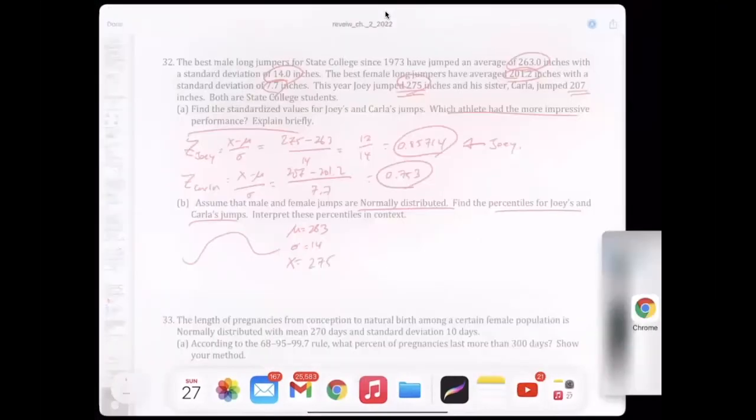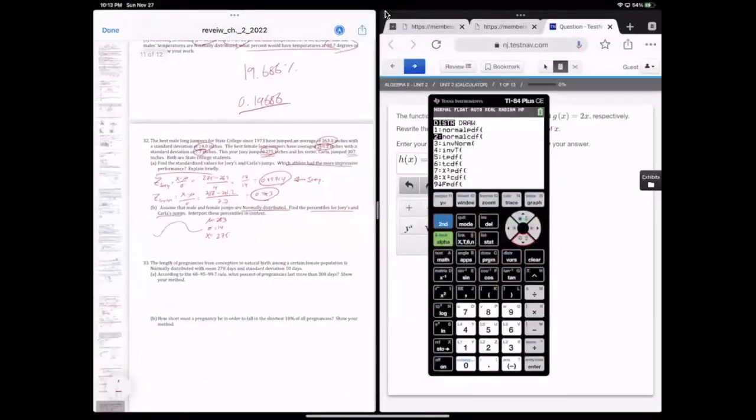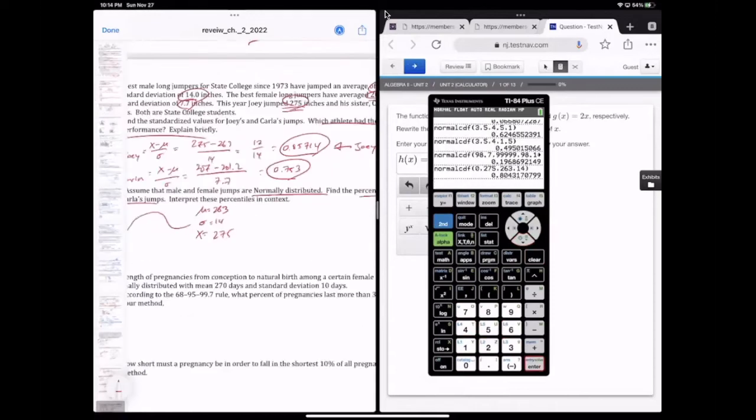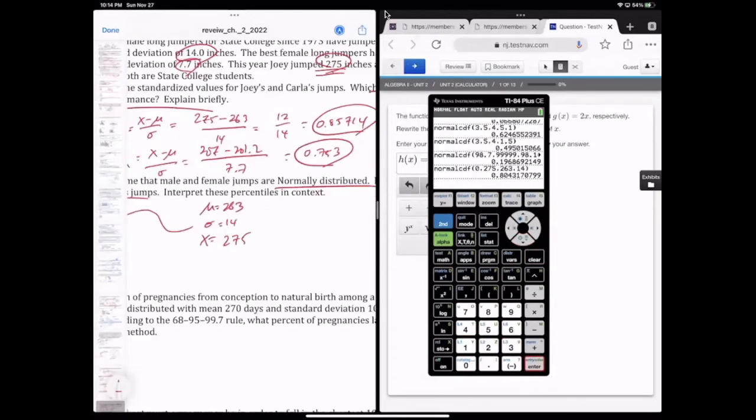So we can just go to our calculator. Normal CDF, lower 0, upper 275, with the mean of 263 and a standard deviation of 14. We paste, and that gives me about 0.804, about the 80th percentile here.